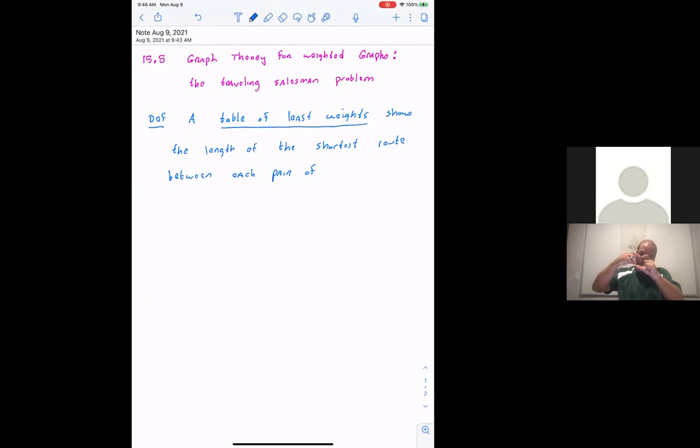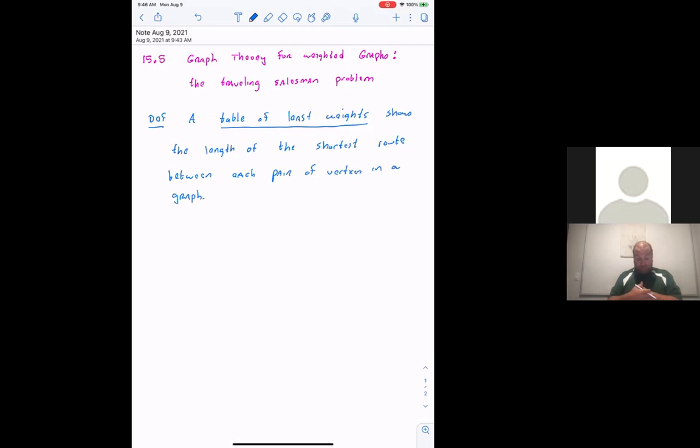Here to here, this is the one that connects them. What's the weight? A table of least weights says, okay, I can get from here to here actually via this other path, and this other path might be less weight than the direct path. That's the weight that we're going to write down. So each pair of vertices in a graph.